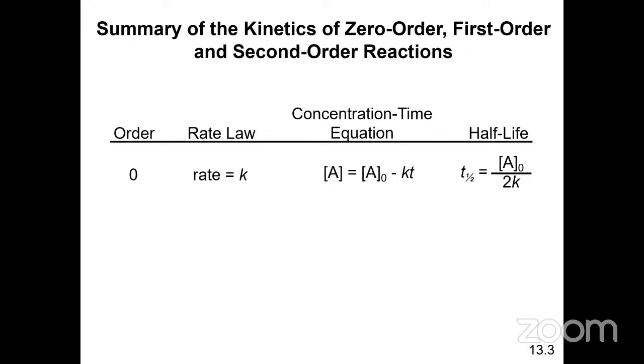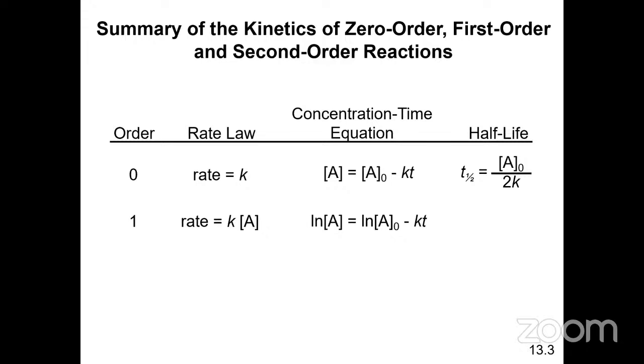All right. In the case of the first order reaction, the rate is equal to K times the concentration of A. The equation which relates the concentration of A to time is given by this, and there are other ways of expressing it, but this is the linear form, all right? This is the one that you can plot a graph based on.